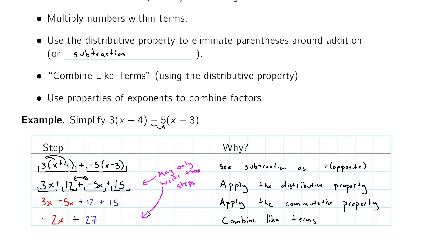I would do that if I had a big complicated expression and I found that I was losing track of things. In general, the more complicated the expression, the more details we want to write because we don't want to be trying to keep track of too much stuff in our head. But if you were to be doing this problem and you just wrote the step where you distribute and then the final result, that would be fine.